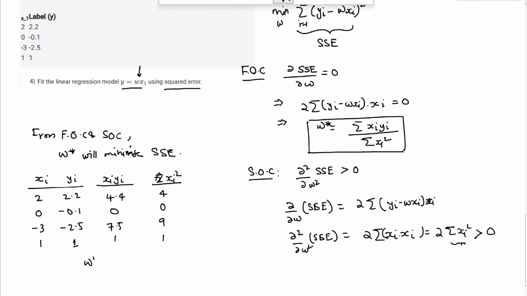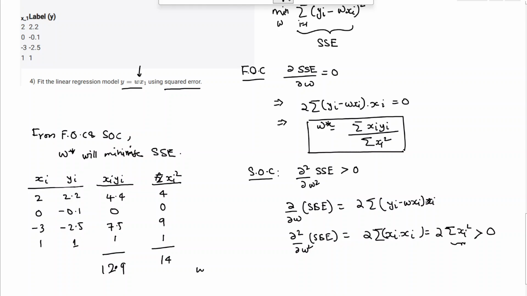And w star, we know, is nothing but the sum of xi yi divided by the sum of xi square, right? So the sum of xi yi would be 12.9, and the summation of xi square would be 14.